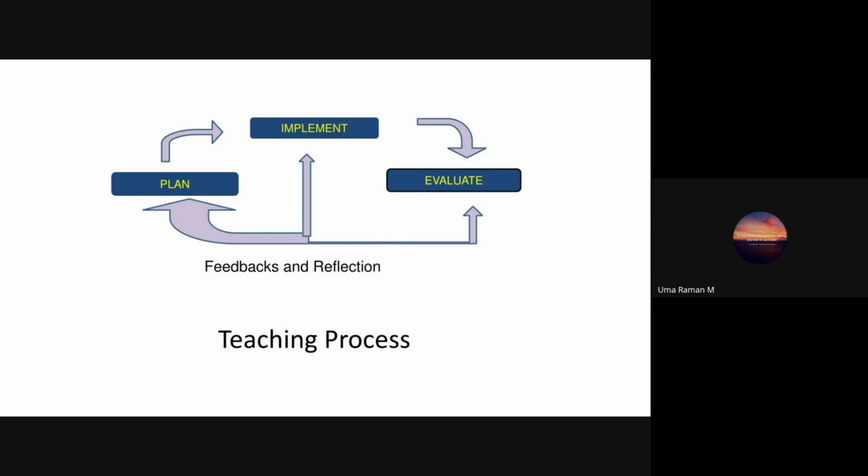The ultimate is about evaluating ourselves from the student's point of view, to know whether our strategy has really made a difference for the student, has really proved to be beneficial for the student, by asking for feedback to know what would be the better ways we could improve ourselves.